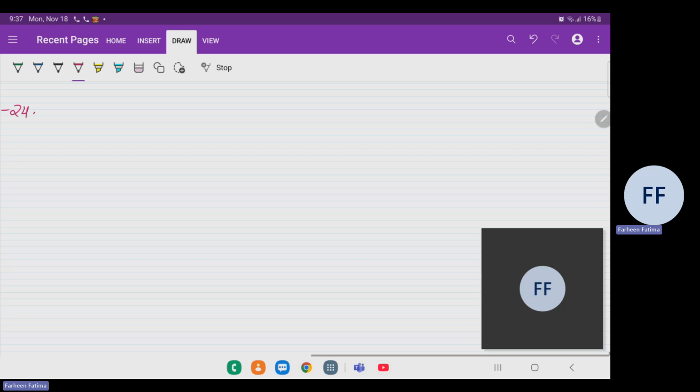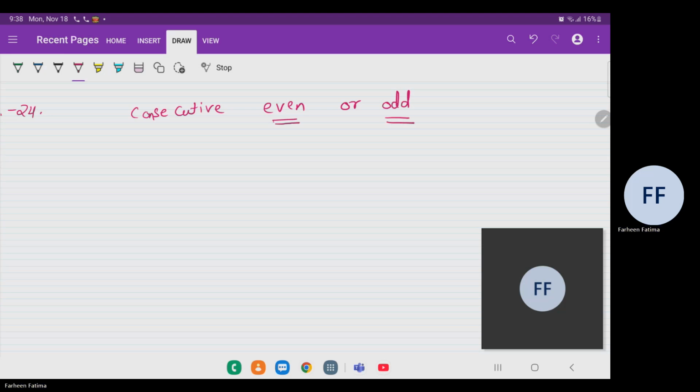What is the rule here? Consecutive, even or odd. Sometimes it is given even or sometimes it is given odd. You have to use the same rule: n, n plus 2, n plus 4 and n plus 6.